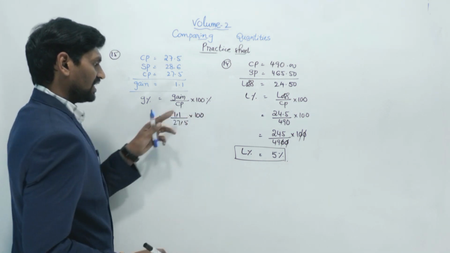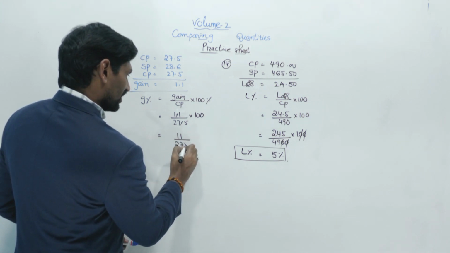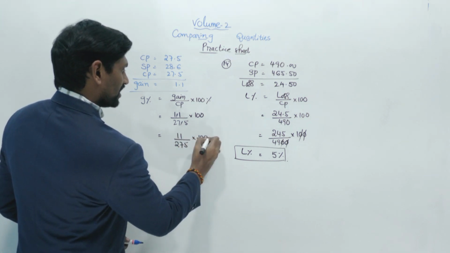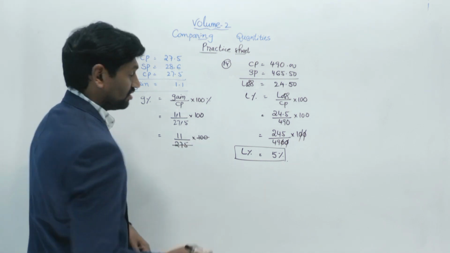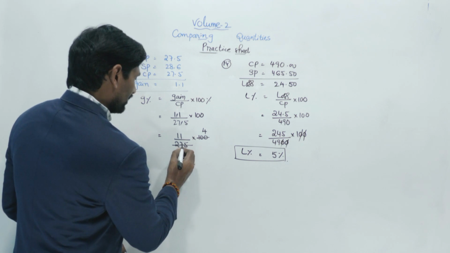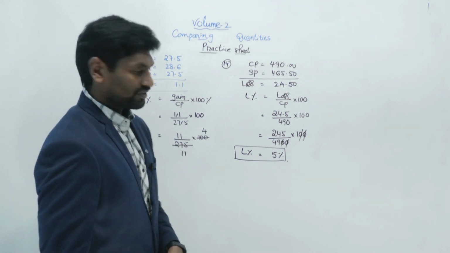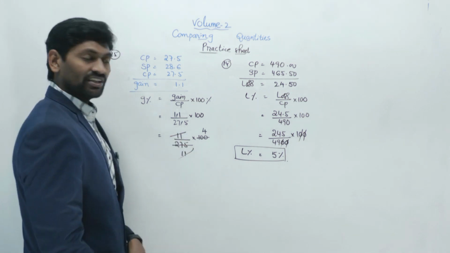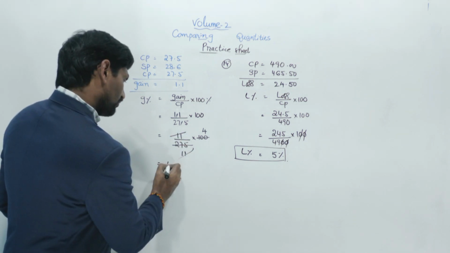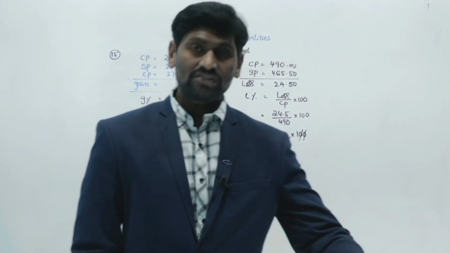What is remaining? 11 by 275, 11 by 275 into 100. I am just calculating in the 25 table. 25 table here 4 times. 25 table here 1 time and 1 time 11 times. Numerator 11, denominator 11 cancel. So we get the answer 4% gain. Therefore the gain percentage is 4.